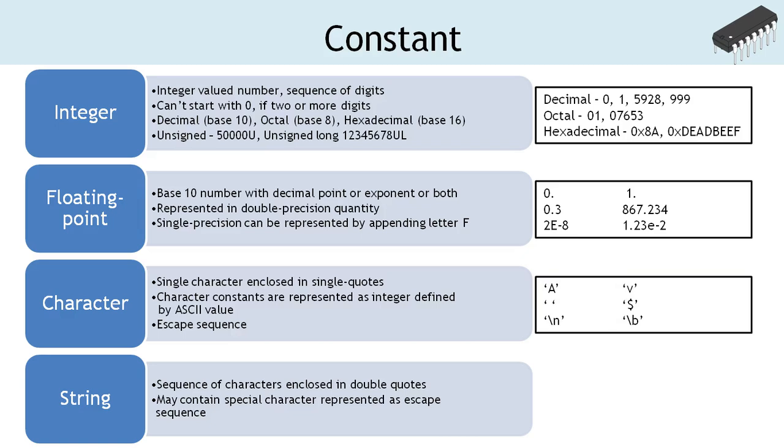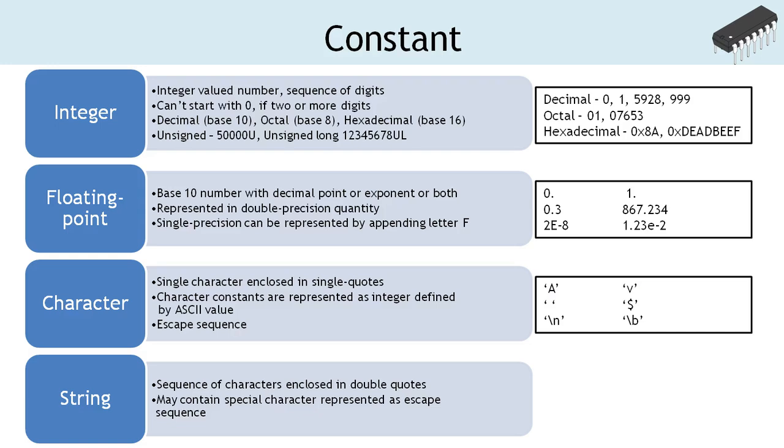A character constant is a single character enclosed in single quotes. The character is represented in the American Standard Code for Information Interchange, ASCII set, in which each character is encoded numerically with a unique 7-bit combination. The ASCII set contains printable and non-printable characters.